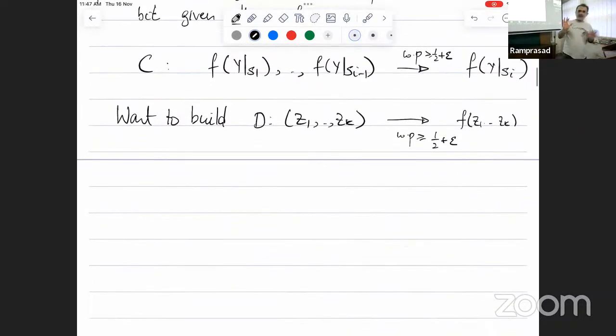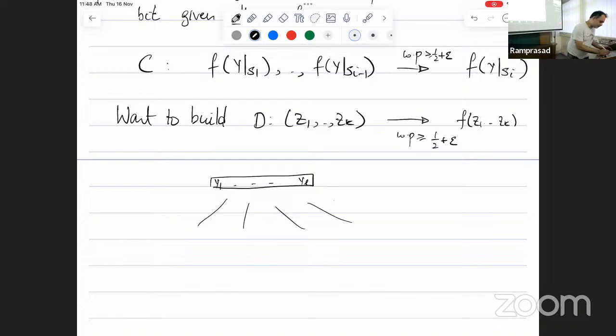So for now, let's forget about D and let's look at what the Nisan-Wigderson generator is really doing. Okay, so it starts off, it picks up this Y, which I will call, let's say, Y1 through YL. So this is the original seed. And then there's a whole bunch of windows that it seems to create. So this is like Y restricted to S1, and this is Y restricted to S2, blah, blah, blah.